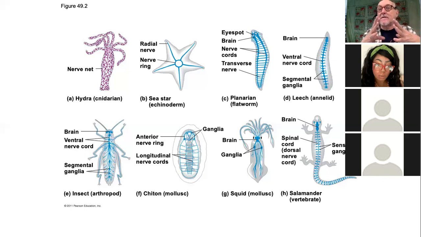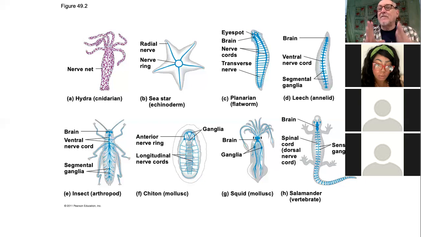And that appropriate response is produced by the organism being able to receive information, integrate the information, somehow or other, even in the most simple way, analyze it, and then have an output that produces a response to the information that is received.